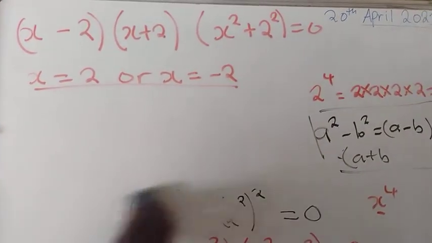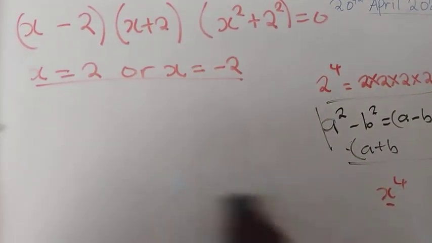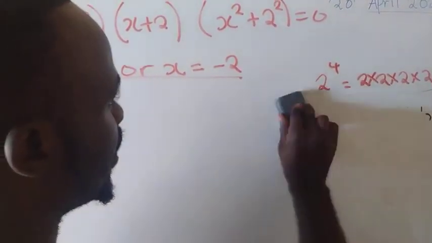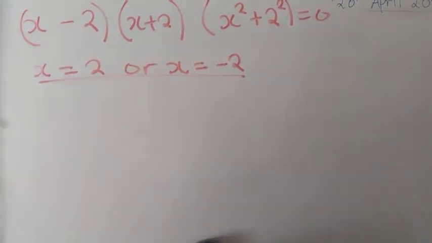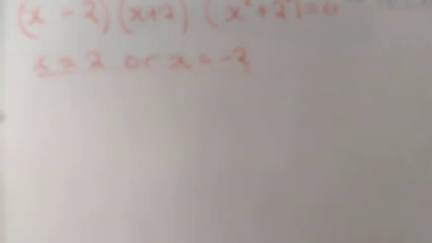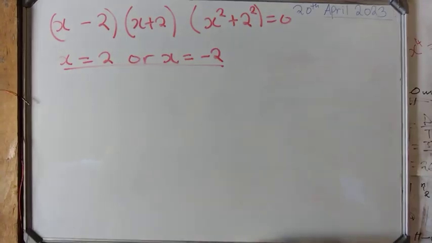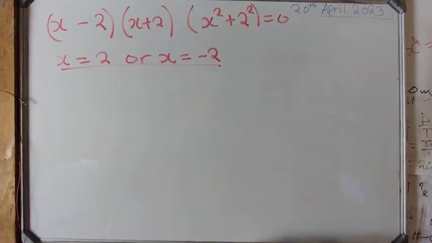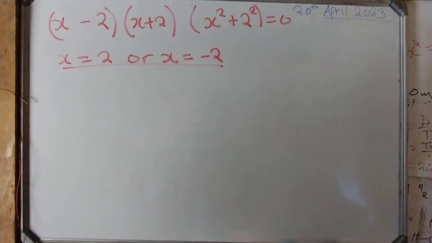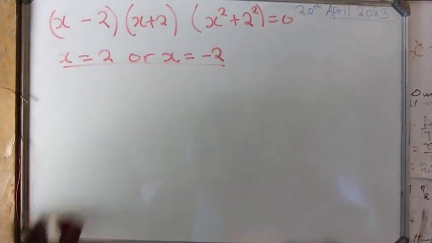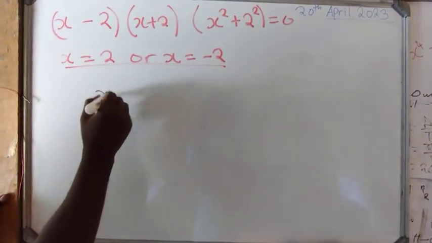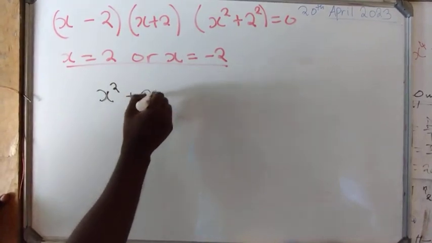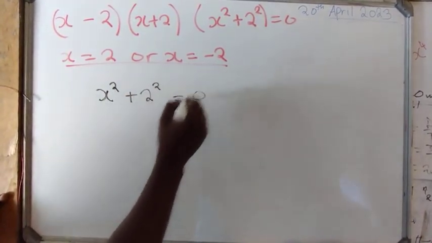Okay, so allow me to erase this part here. All right, so we are remaining with x squared plus 2 squared. Okay, we are going to write it like this. Say x squared plus 2 squared is equal to what? 0.